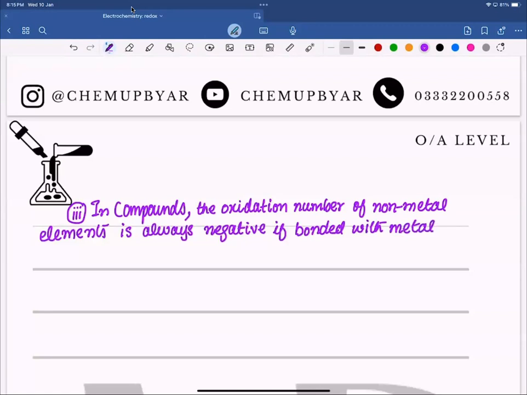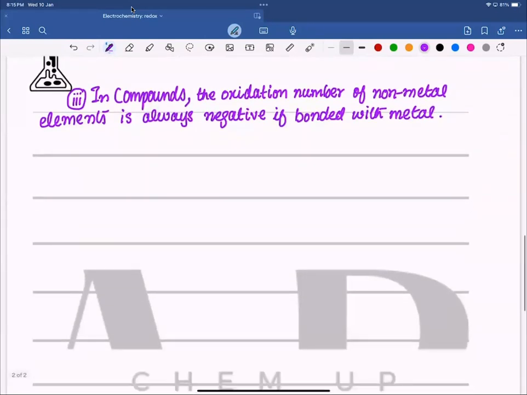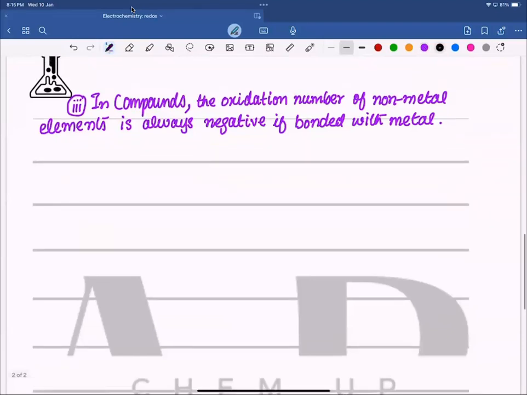So if a non-metal is bonded with a metal in a compound, then the oxidation number of that non-metal is always going to be negative. So here we will see the group number and the oxidation number, that is how we will figure out the oxidation number of non-metals with the help of group.